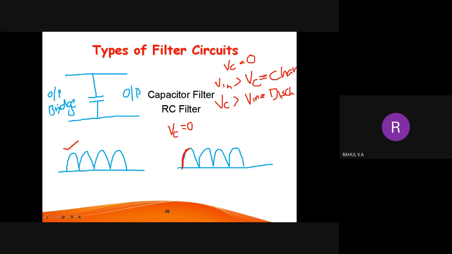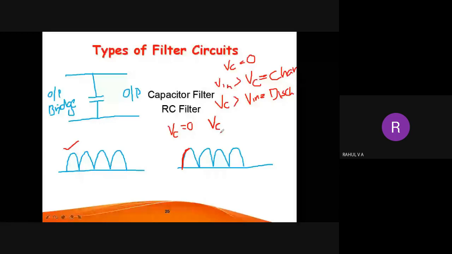Now as the input comes down to 0, Vin reduces, but the capacitor is already fully charged. The capacitor is charged to peak value, so it is now greater than Vin.